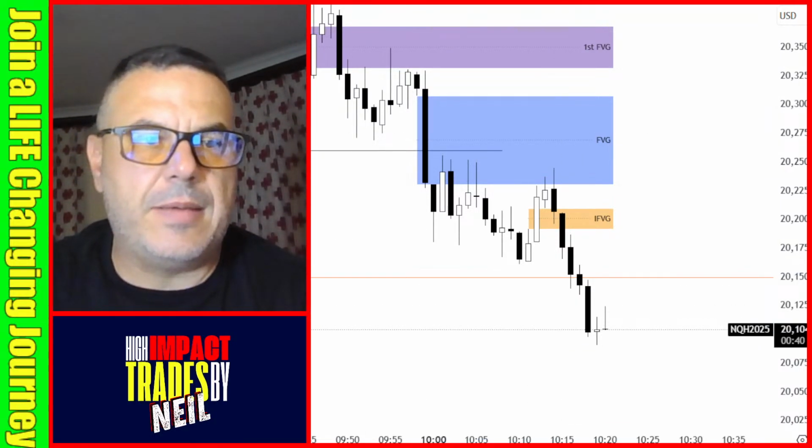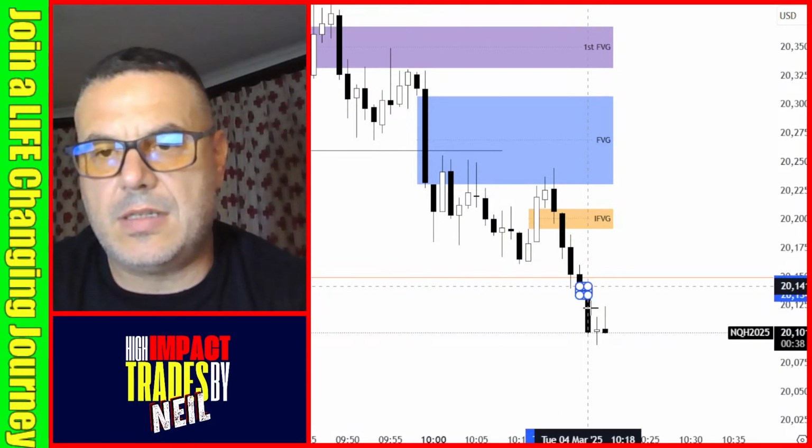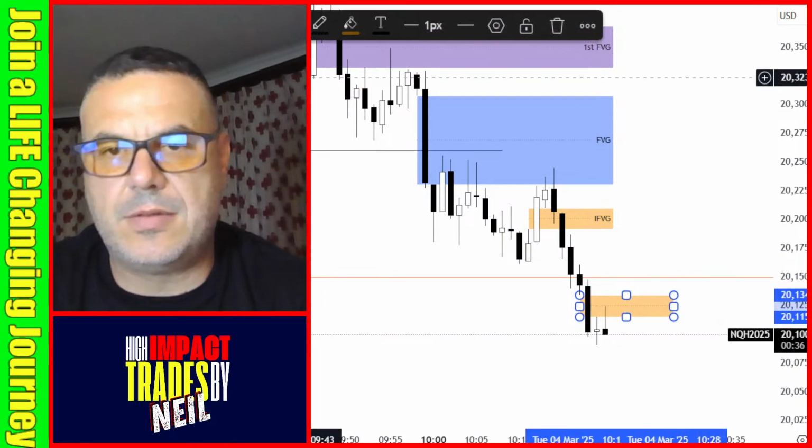Right, in this little gap now, so let's see if this is a fair value gap that wants to hold price.